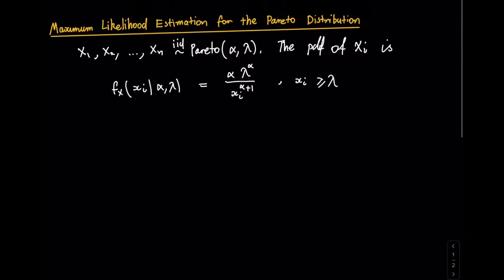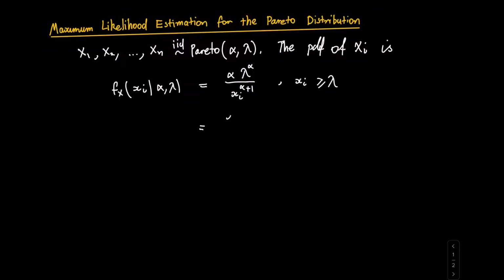Now, from this particular definition, I just want us to introduce the idea of an indicator function, because we can rewrite this PDF in a slightly different format that's going to help us later on when we derive the maximum likelihood estimate.